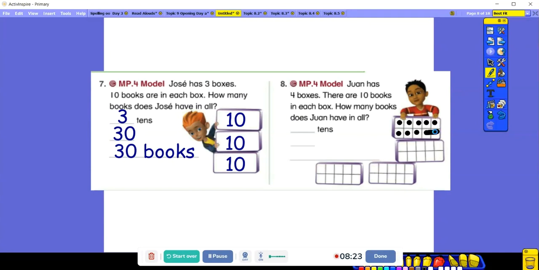Oops, sorry about that. So my first 10 frame is filled. My second 10 frame.